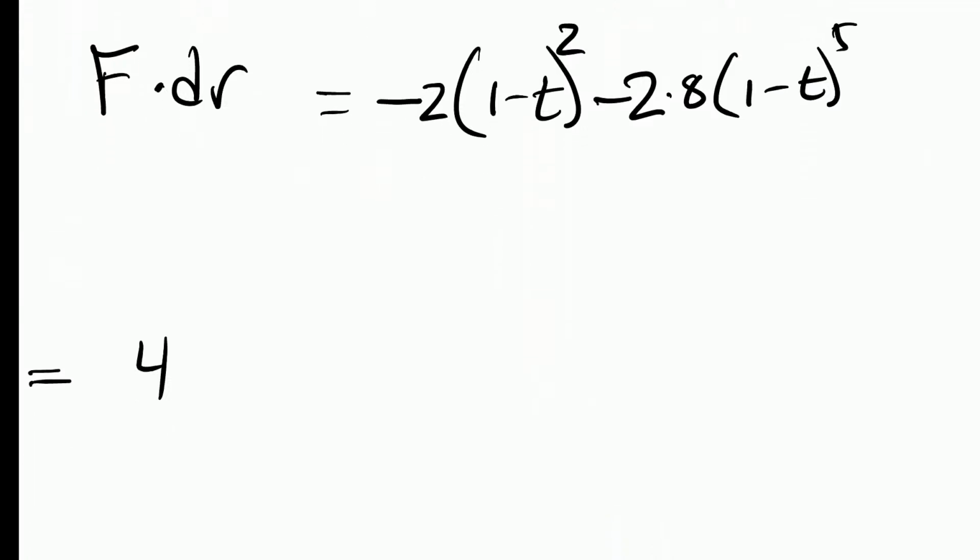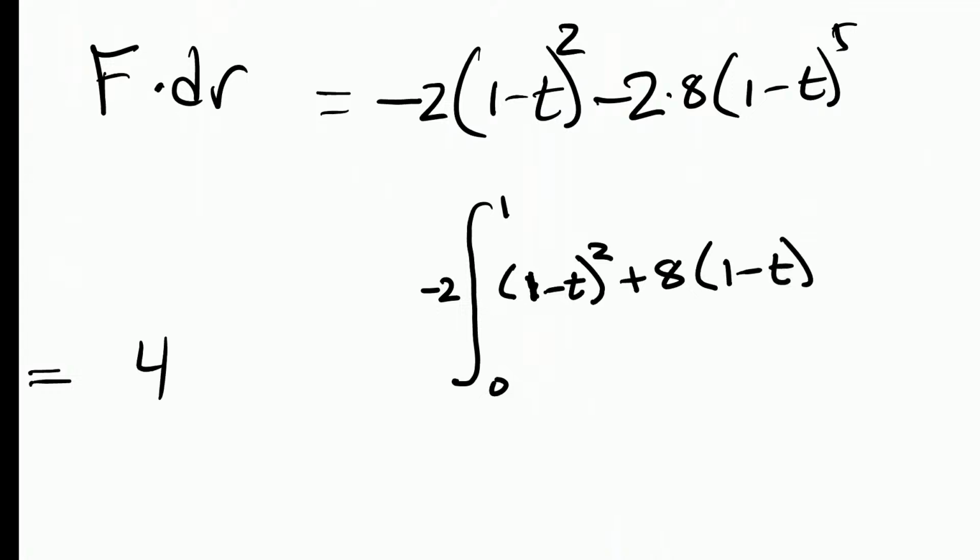And then I will write down the integral. So I'm doing the integral from 0 to 1 of negative 2 times 1 minus t squared plus 8 times 1 minus t to the 5th. How's that?